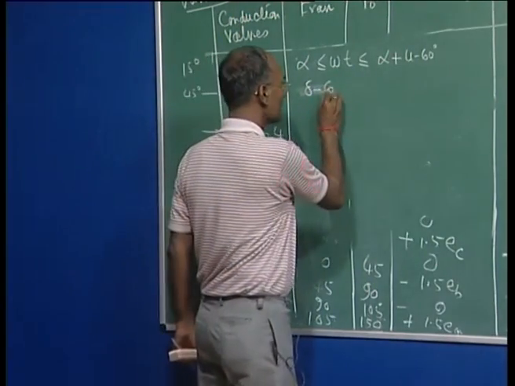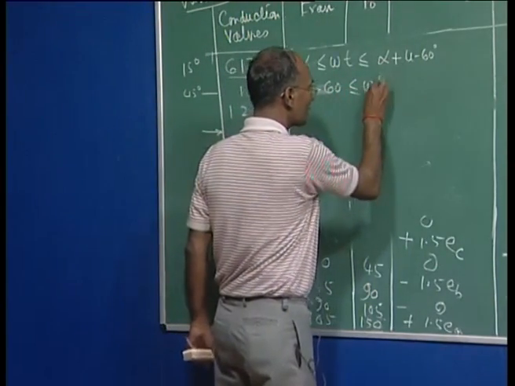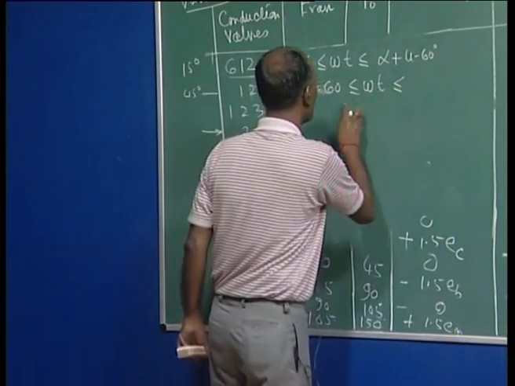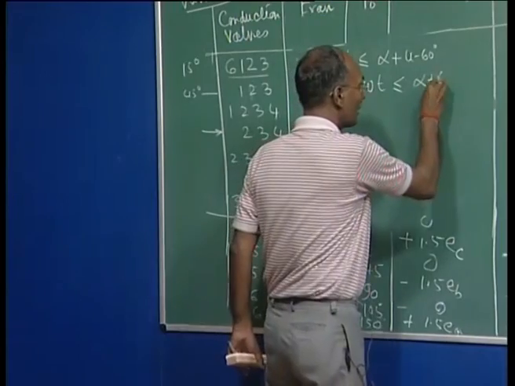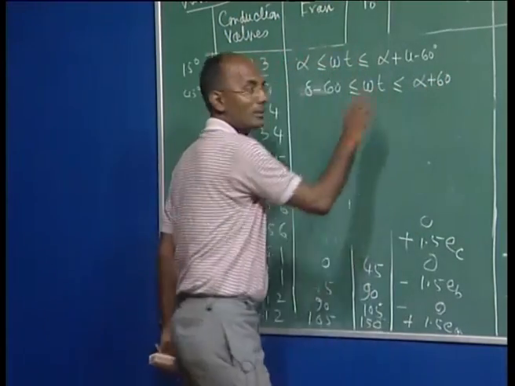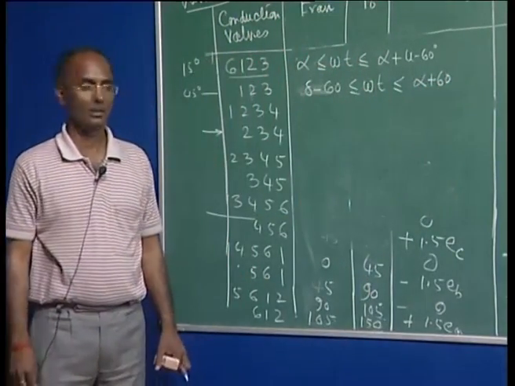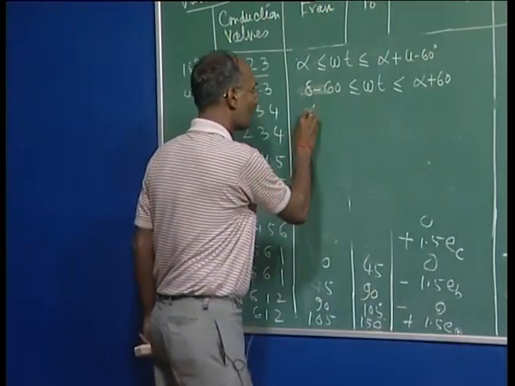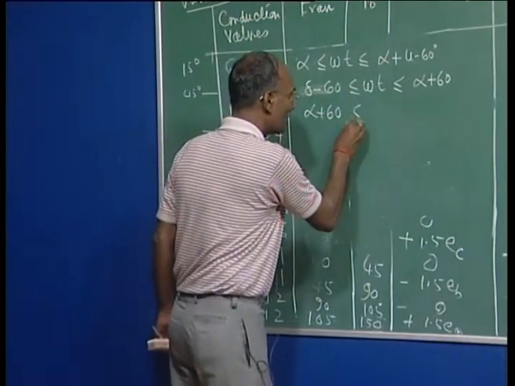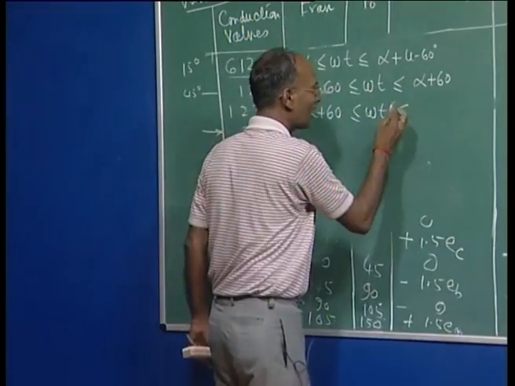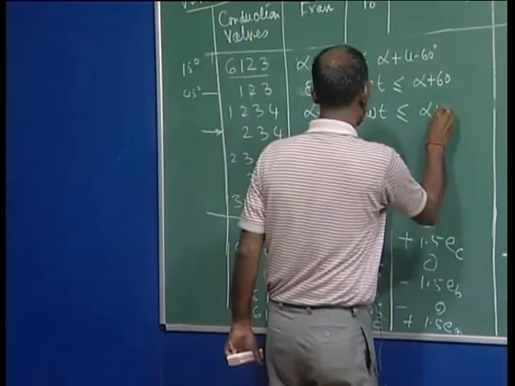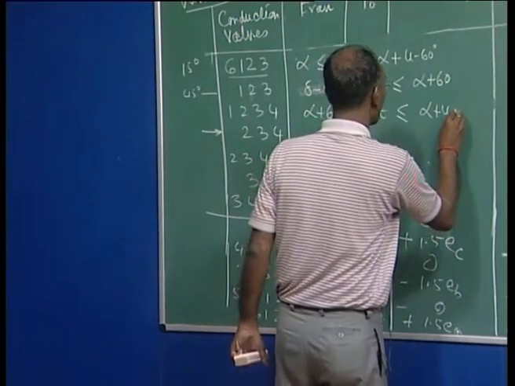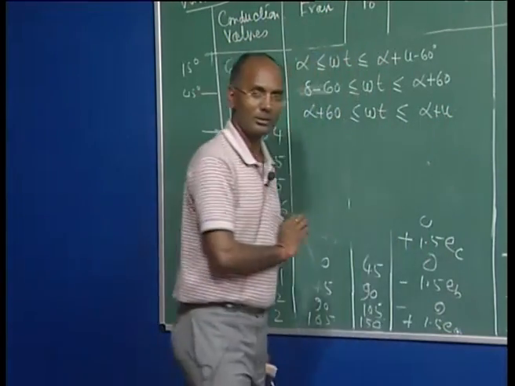So, it is minus 60 here, this will be where the current will change, and now it will go to alpha plus 60, because the total duration here is 60 degree. Now, this phase is alpha plus 60 omega t. Here again we are going to add alpha plus u, that is all.